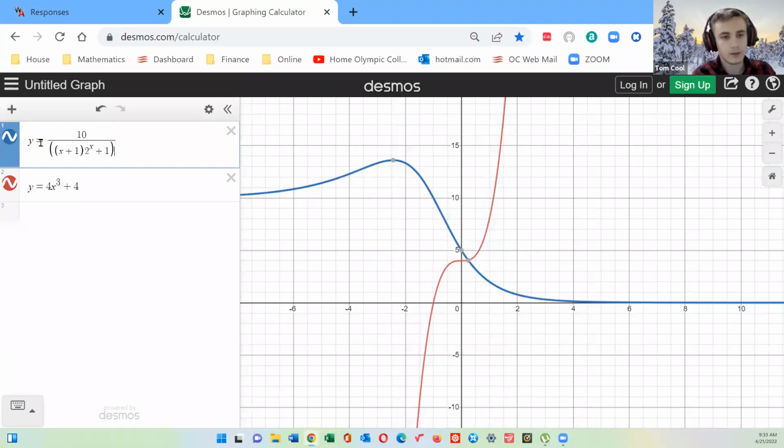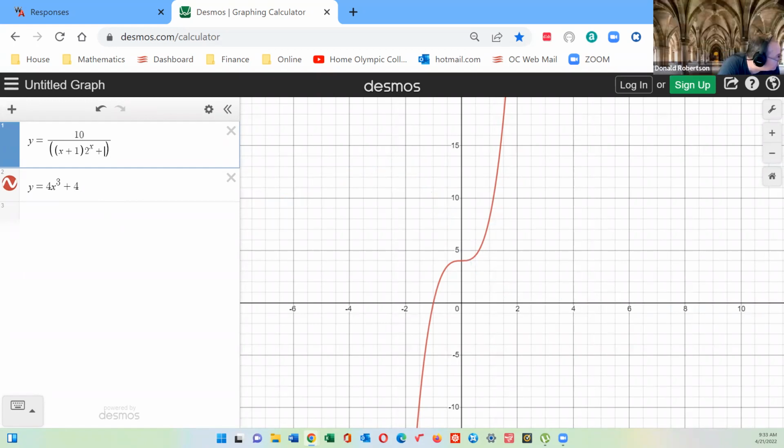I think you need to fix that because it's not on the exponent. Oh, you see the 2 to the x. Oh, the plus 1 isn't. I gotcha. Right. Okay.